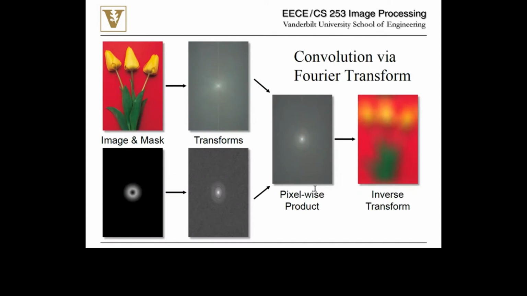Okay, so for instance, let's put some examples. So let's say that we have this image, we have this kernel, and we want to convolve these two images, and we want to do it in Fourier space. So first of all, you make the two images to have the same size. Otherwise, the multiplication is not well defined.